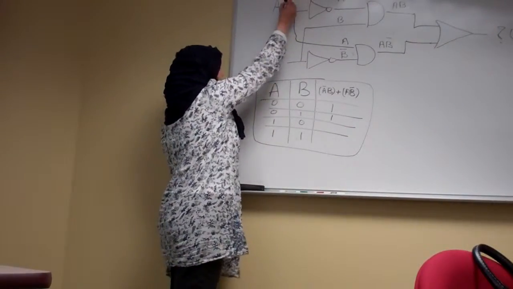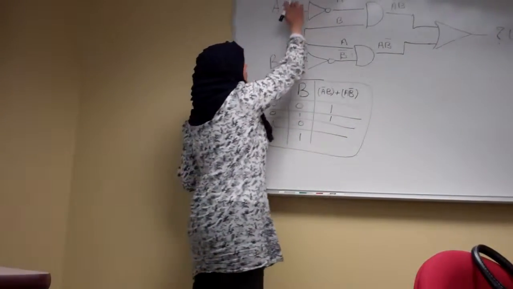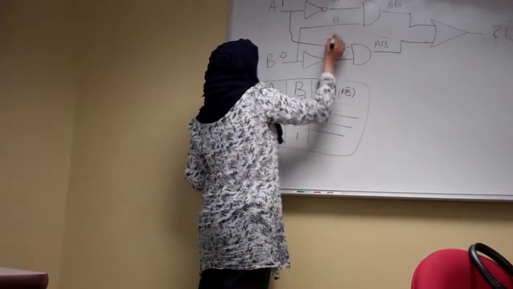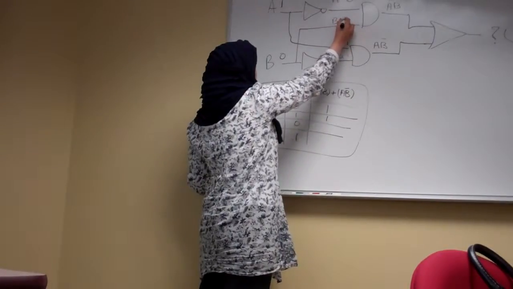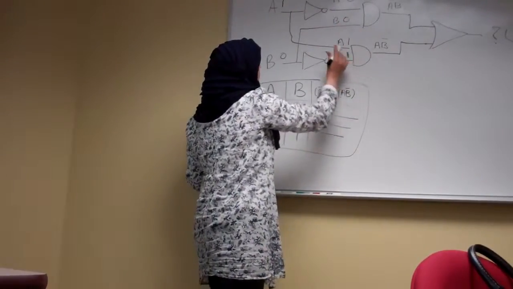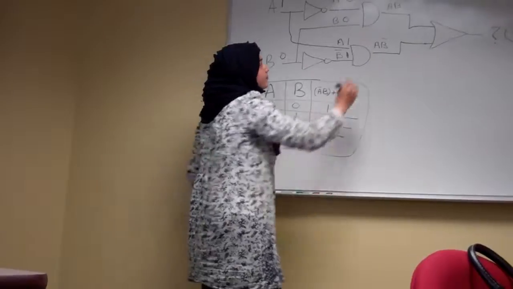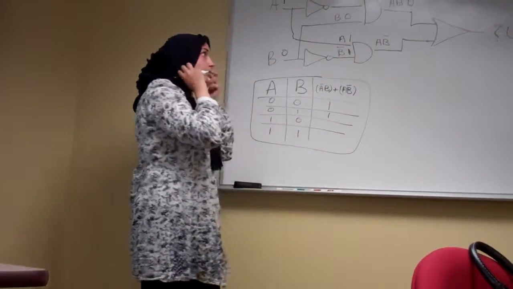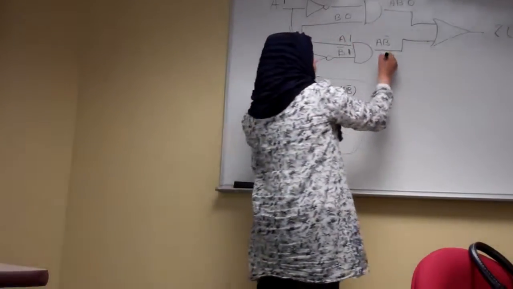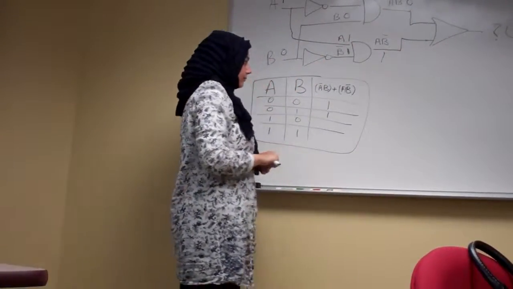Okay, here 1 and here 0. So 1 will be 0, and here A 1. B here will be 0, and here 1. So 0 and 0, 0. And 1 and 1 in the AND gate, 1. 1 and 0, 1.